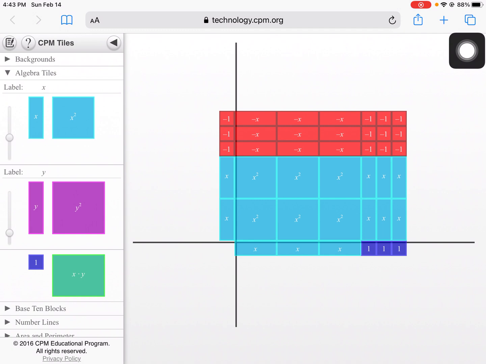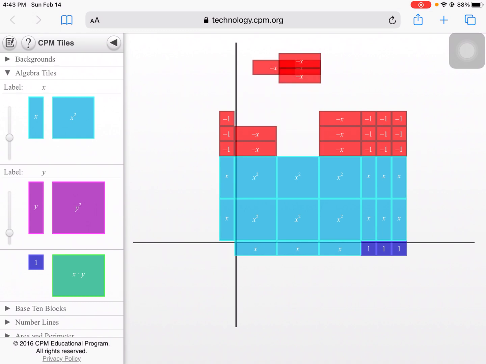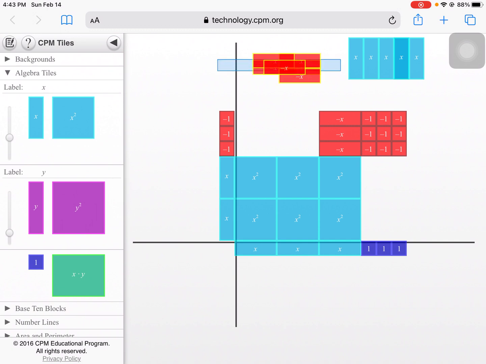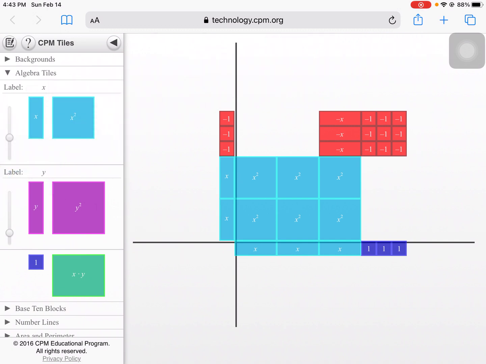We've got 6 positive x and 6 negative x we can combine. So let's move them all up here. And then we'll capture and remove. So we're left with the negative 3x there, which makes sense.